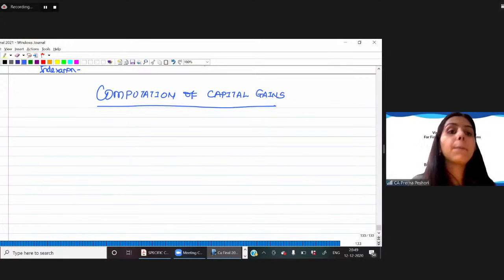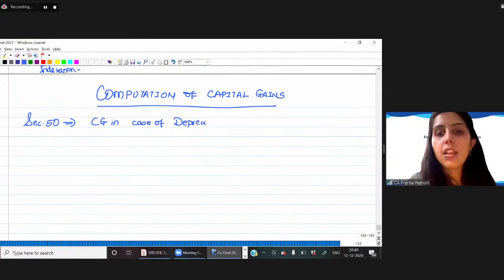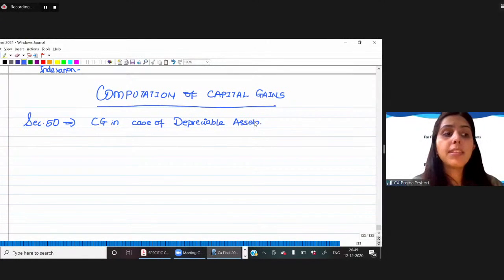Section 50 talks about capital gain in case of depreciable assets. How will you compute the capital gain for depreciable assets?